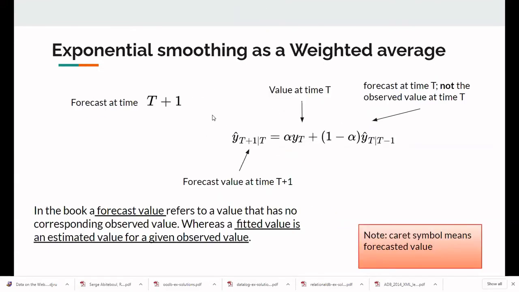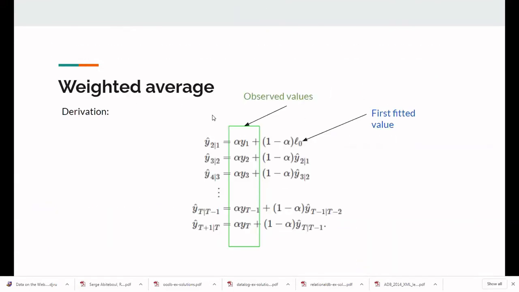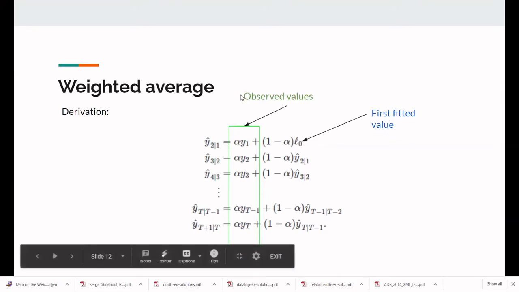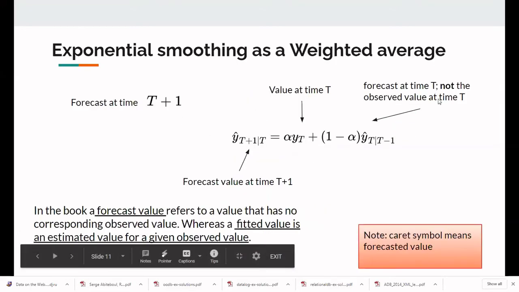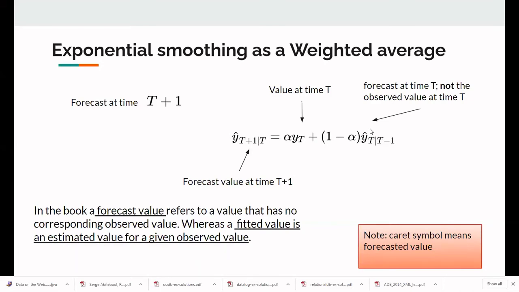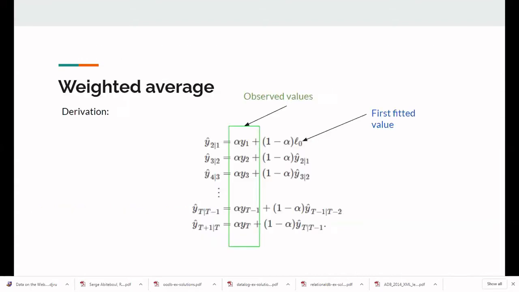Okay. So, anong gagawin? It must start somewhere because we are now dealing with forecasted value. So if we are going to roll back in time, let us say meron tayong time machine. Ang mangyari pala dyan is meron tayong first fitted value, L0, usually it's given. Or there are many ways to determine that.